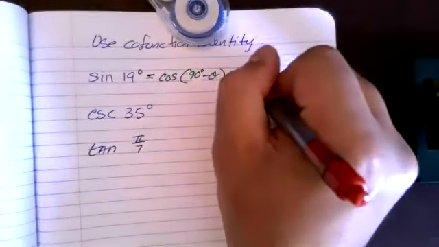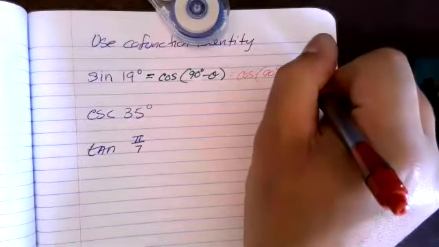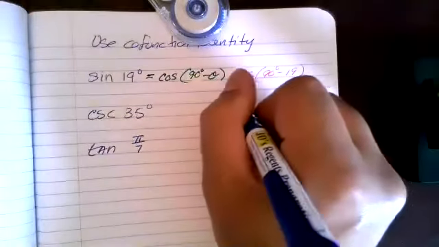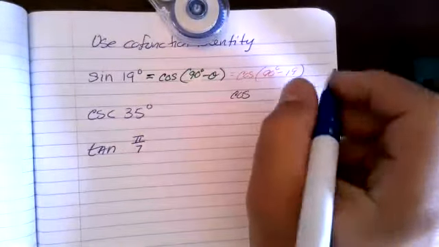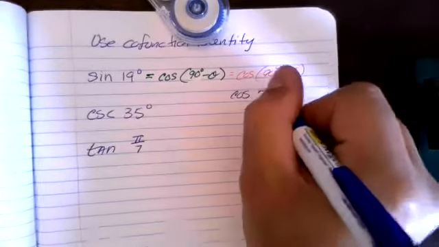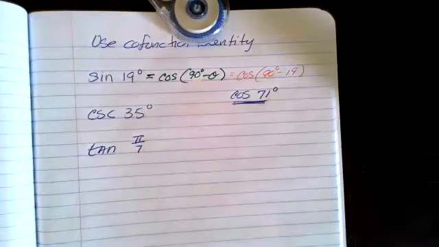So it would be cosine of 90 degrees minus 19. So our final answer would be cosine 71 degrees. So that's what they want you to do. So if you want to take a minute and try the next two, and then I'll work on them. I'll give you a chance to write them down and try to work them out.